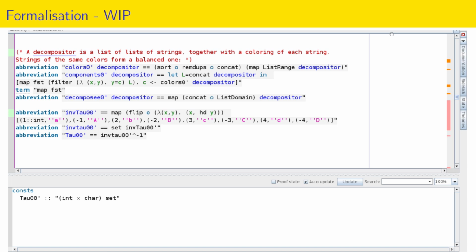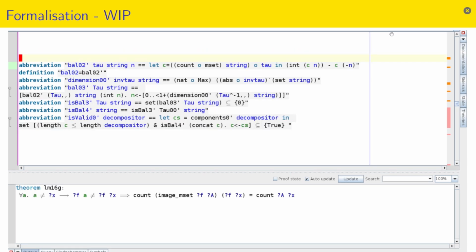And so I have this mapping between letters and integers, because that's one way I found to move to implementing the proof. And then this other bit is more computational, so I have some computable definitions to check the balancedness of stuff, and also the validity of the composition. So valid is just a predicate checking whether the composition is balanced and has no more cuts than allowed, and so on.